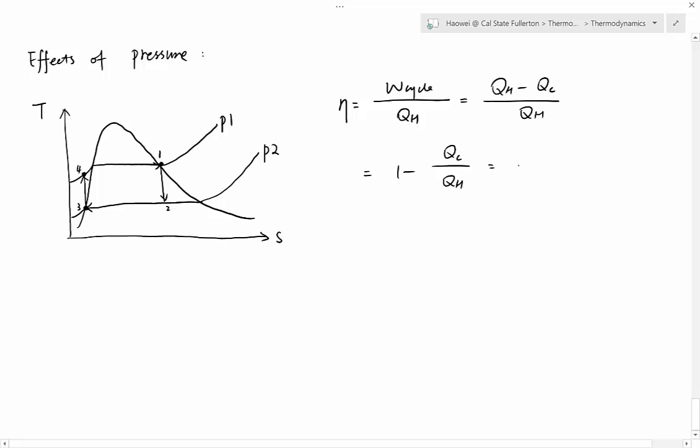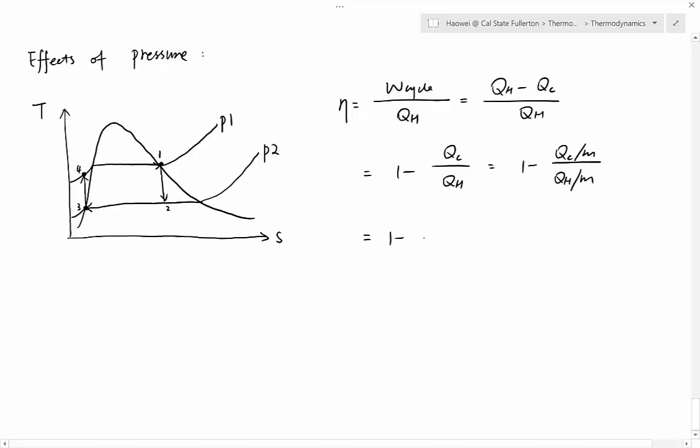And then what we do is divide both the numerator and the denominator by mass. And let's recall, heat transfer per unit mass can be represented by the area under the curve on a T versus S diagram.